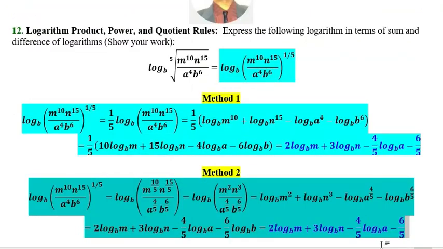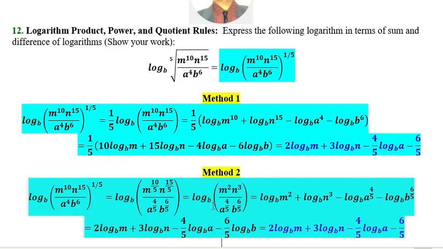Method 2 is instead of bringing the 1 over 5 down, multiply 1 over 5 to every power. That is log base b of m to the power of 10 over 5, n to the power of 15 over 5, a to the power of 4 over 5, b to the power of 6 over 5.